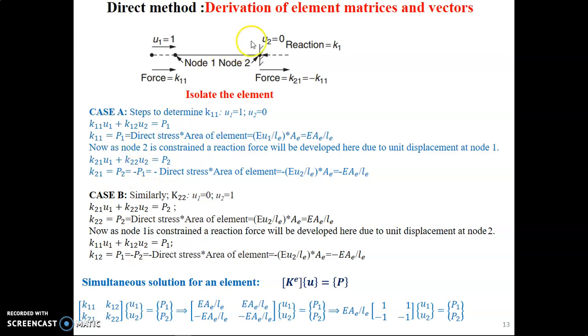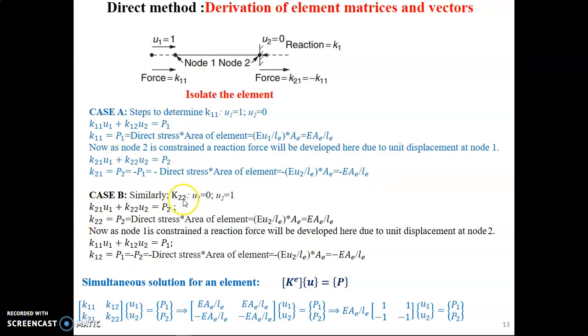As of now U2 is equal to 0, so this term will vanish, and U1 is already equal to 1, so K21 is equal to P2, the force at the second node. But the force at the second node will be the reaction of the force at the first node. So P2 will be equal to minus P1, and we already know that the value of P1 is equal to EA by L. So the value of K21 will be equal to minus EA by L.